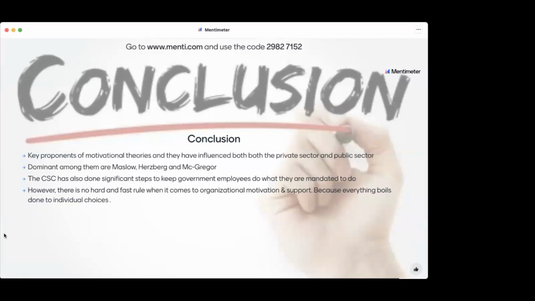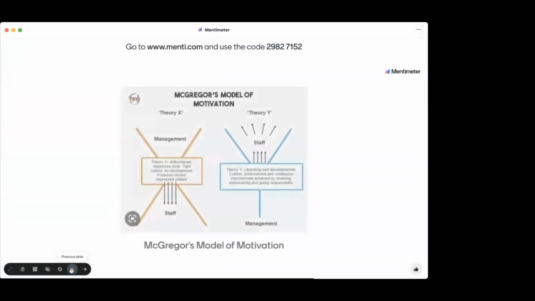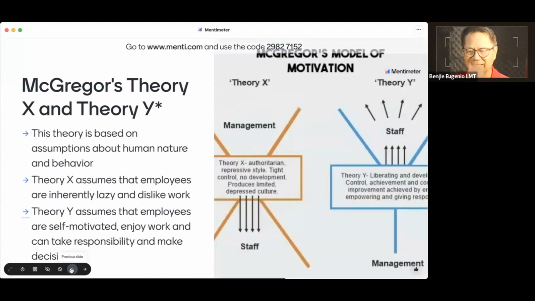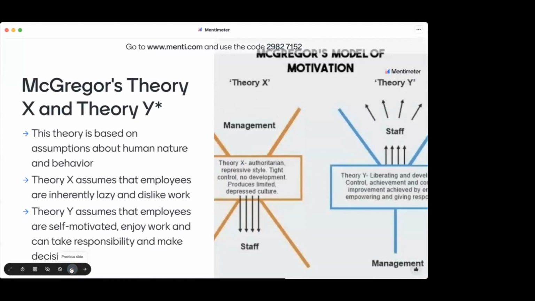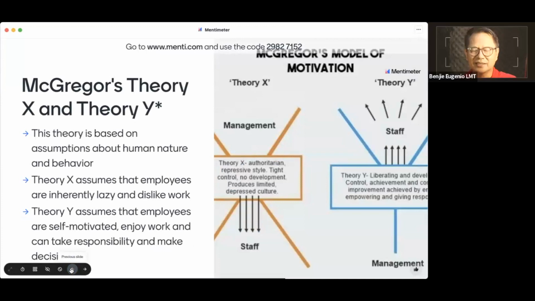Parang may question ka Sir Benj. About X and Y sa MacGregor's theory. Siguro sir sa X and Y, si X siguro ako na opinion na sir, mas madasig ma-accomplish siguro ang work kung X mo.